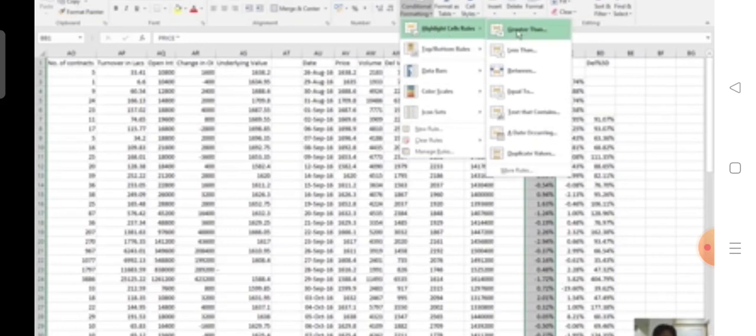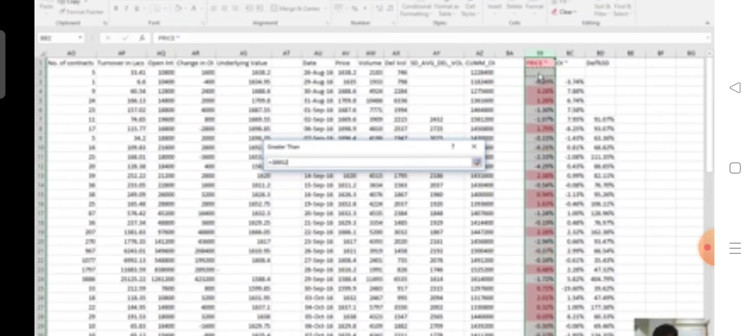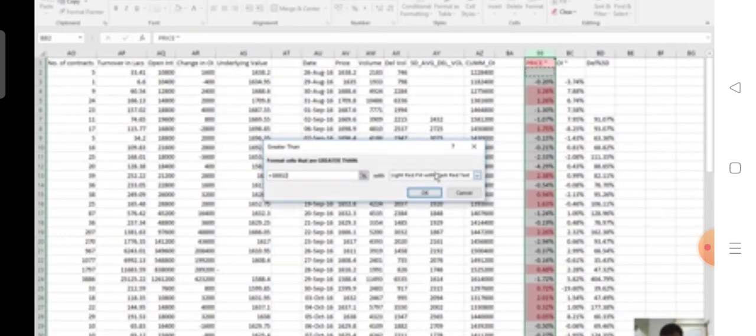Highlight cells which are greater than, let me take this reference. Okay, if it is more than that percentage, let us highlight it as a green fill.